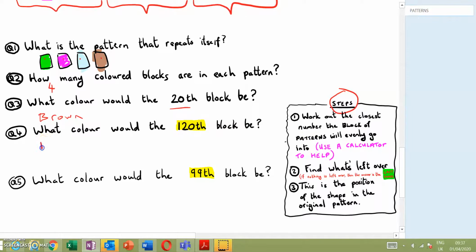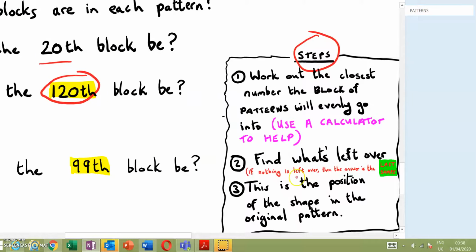So start with 120, because that's what's in the question, and divide it by the number of blocks in each pattern. How many blocks are in each pattern? 4. So let's start with this. And, ooh, bingo! It goes in a nice whole number. So, if nothing is left over, if there's no decimals or fractions, then the answer is the last shape of the pattern.